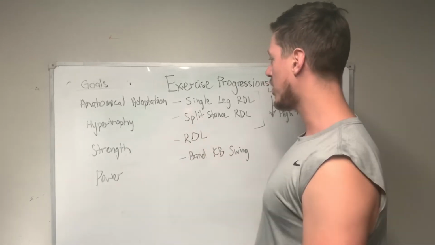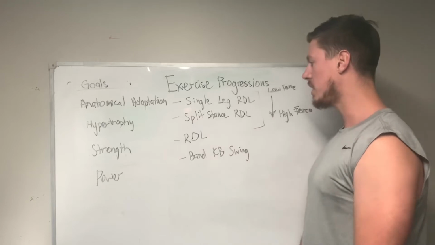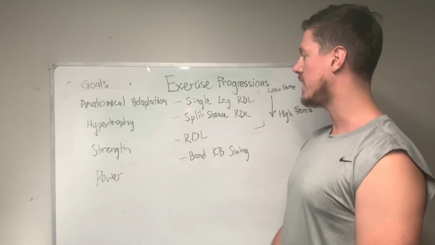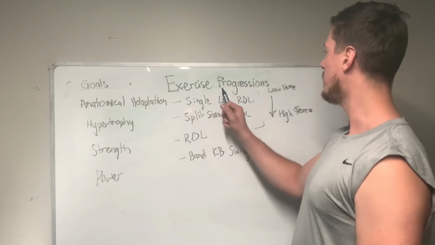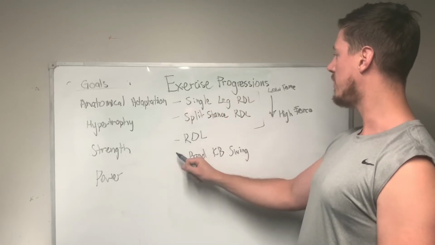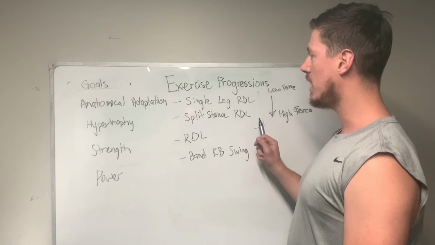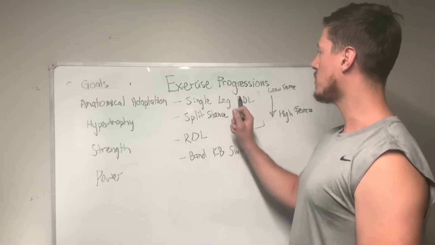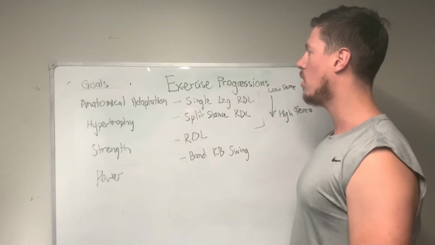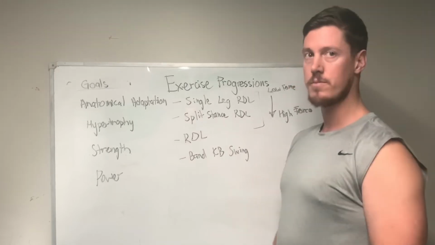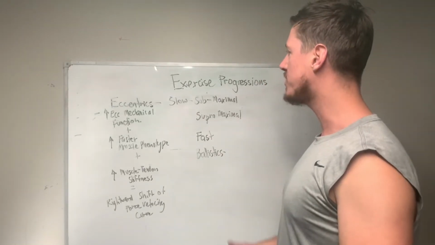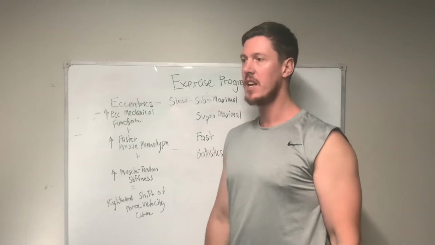Then your next hinge progression would be a banded kettlebell swing, where you're producing a lot of velocity and power. So we're going from lower force to higher force and then into a power phase, because these guys can move a lot better, and we're targeting the exercise to fit the actual goal of each phase.